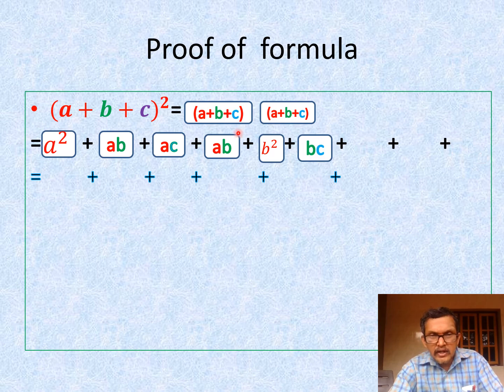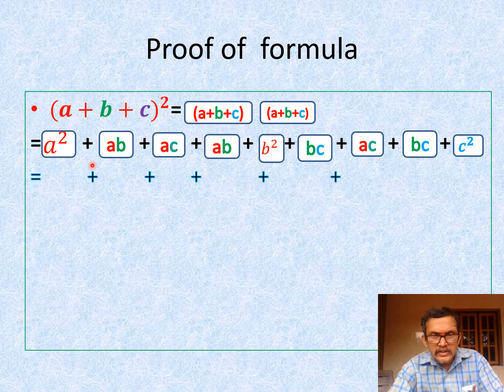Okay. So now start from c. c into a, ca, or ac, one and the same. c into b, bc, or cb, one and the same. c into c, c square.